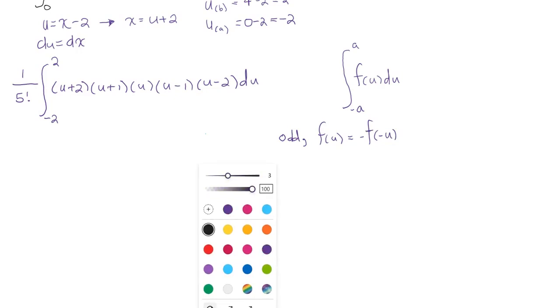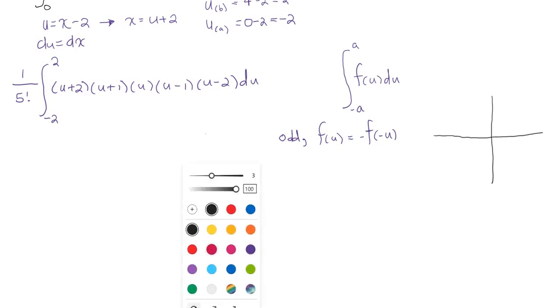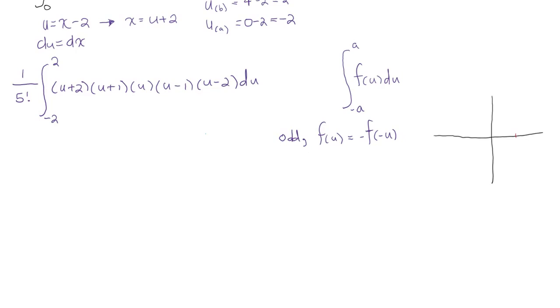And what this looks like if we were to graph it would mean that if we had some input, let's say b, and on the other side we had negative b, then our function, if this was f of b right here, then on the other side, at negative b, it would equal f of negative b.